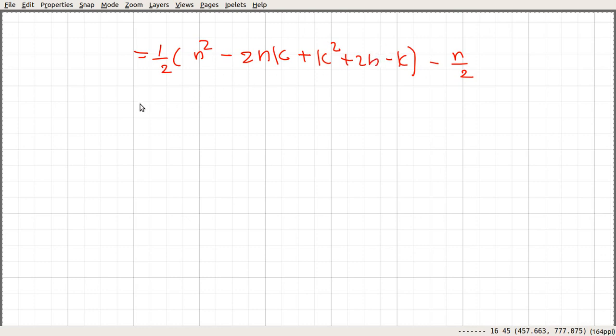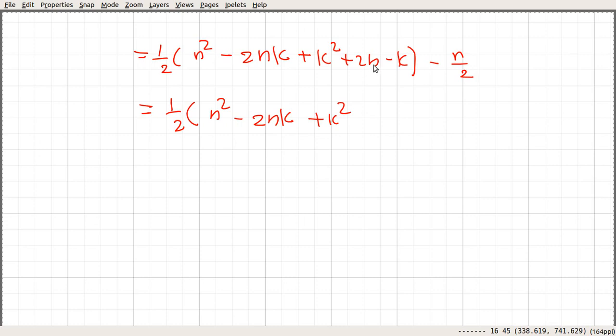And if you simplify this, you get 1 by 2 times n squared minus 2nk plus k squared.